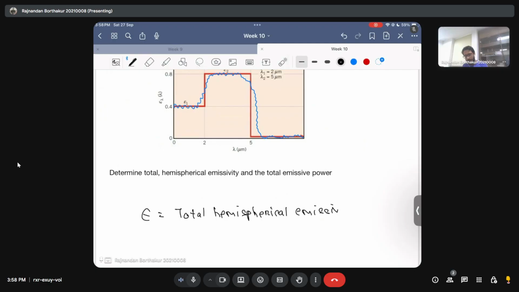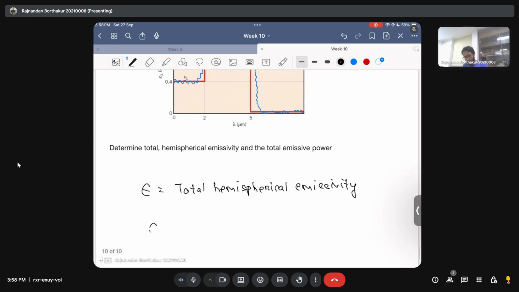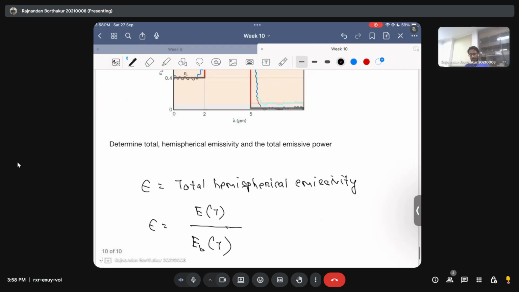And from its very definition, this total hemispherical emissivity, as we just now saw, is the ratio of the total hemispherical emissive power of a real surface to the emissive power of a black body. That comes from its definition basically.